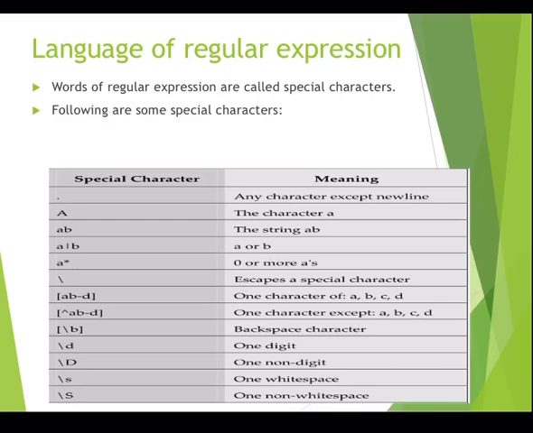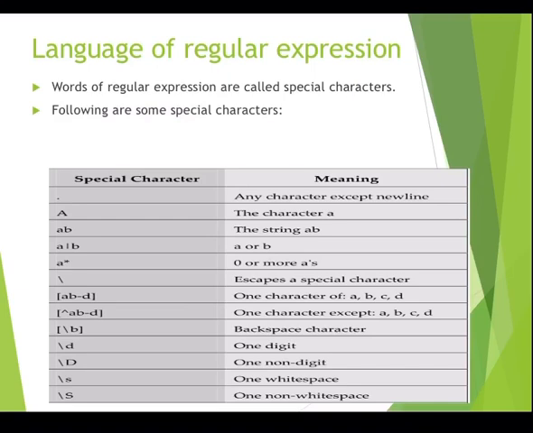That upper arrow symbol is your negation symbol. It will check whether your string contains any character except A, B, C and D. Okay, that is for the negation. It means it will check if your string does not contain A, B, C and D.